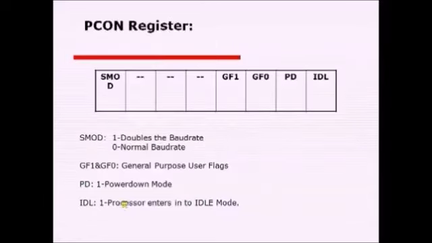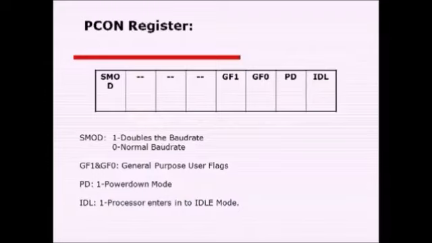Let us see one more register, that is PCON, which is nothing but the power control register. Here you can see it is an 8-bit register with the starting bit SMOD, then GF1 and GF0.